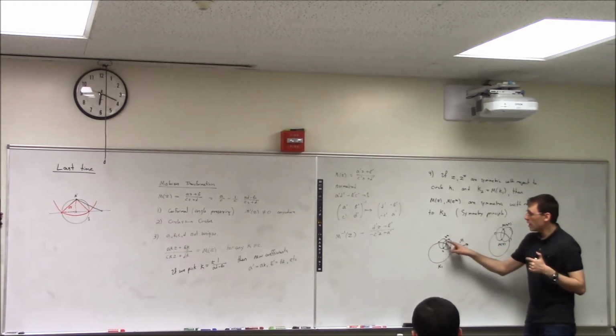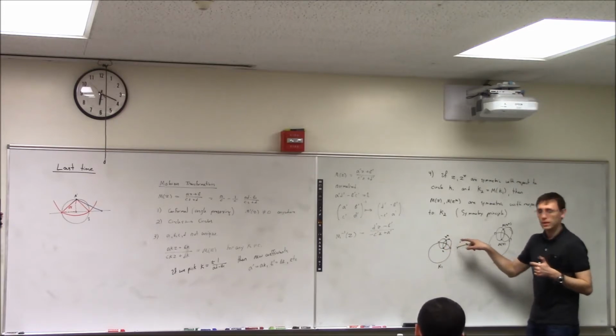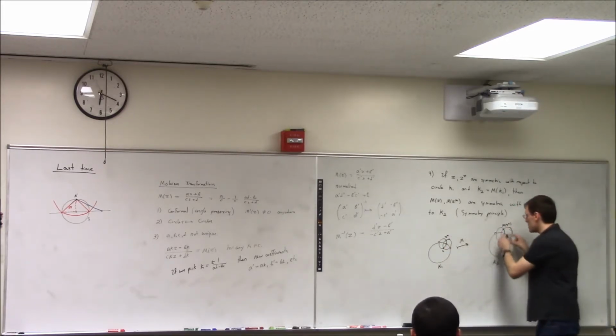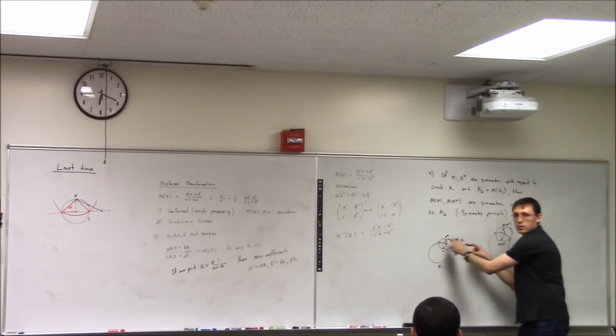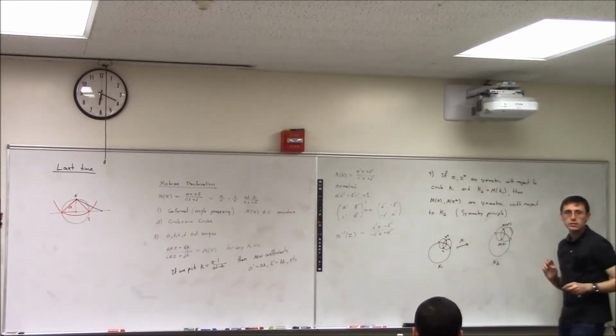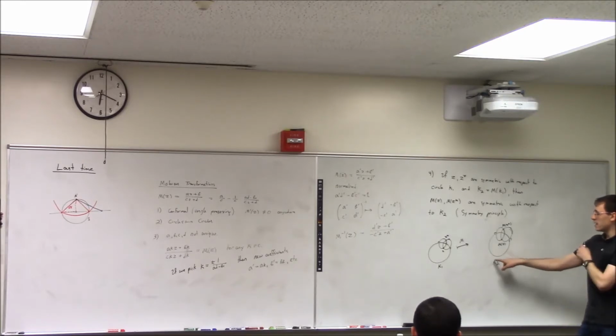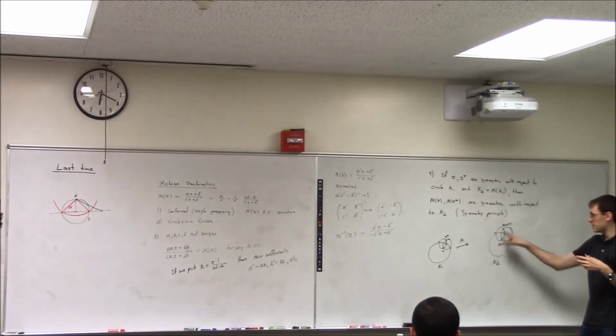But what do I know? Those two points will be mapped to the intersection of those two circles. So M of Z and M of Z star will be the intersection of those two small circles. If I just take K1 and apply the Mobius transformation, I'll get the picture on the left side. By the way, this could be a straight line; I just decided it's a circle.